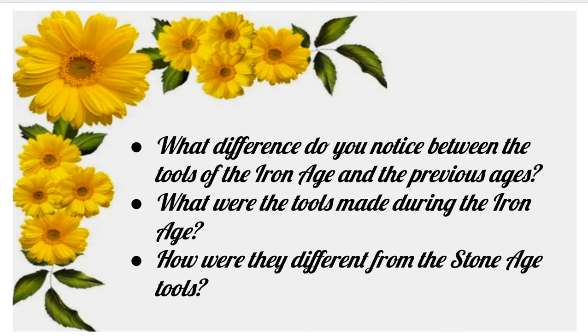They were different from the Stone Age tools as they were made of iron, the main difference, and Stone Age tools were made of stone. Iron Age tools were of a wider variety, so they could suit the different needs of the people living in the Iron Age. And it is not possible with Stone Age tools.